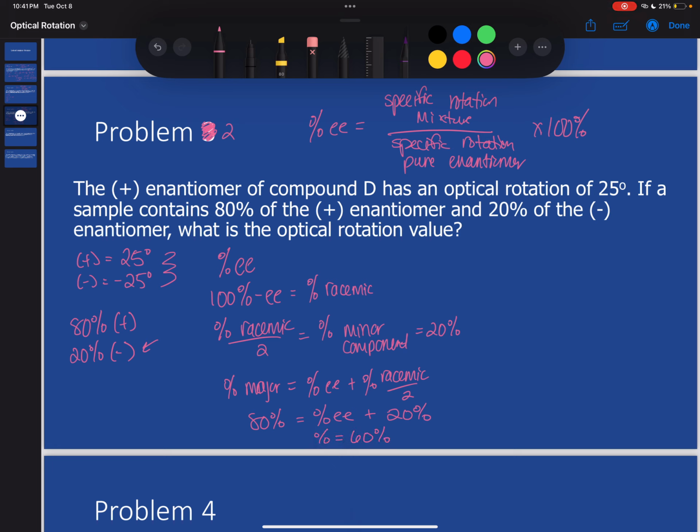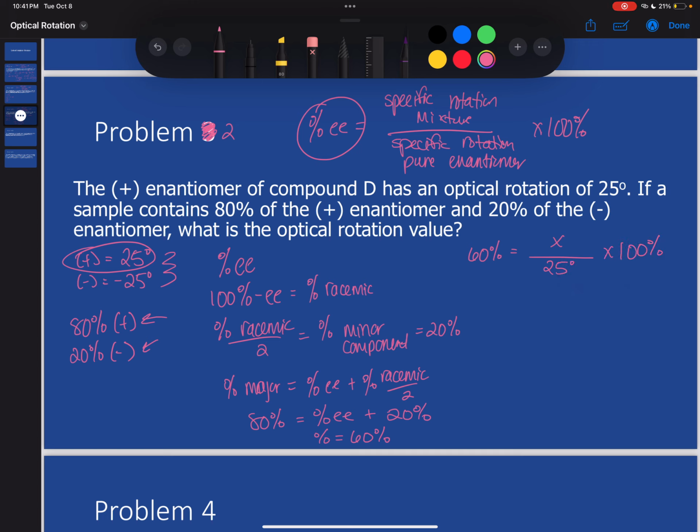So I can use this to plug back into my EE equation. So 60% is equal to the specific rotation of my mixture, which is what I'm interested in finding. I'm just going to write that as X, divided by the specific rotation of the pure enantiomer. Well, if the major is the positive, that means my pure value is the 25 degrees, and then I would multiply by 100%.